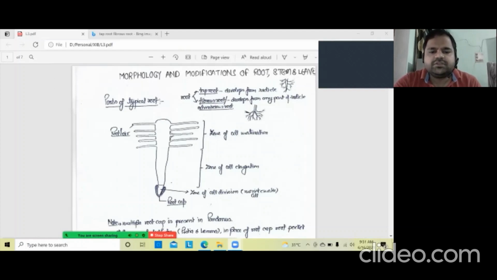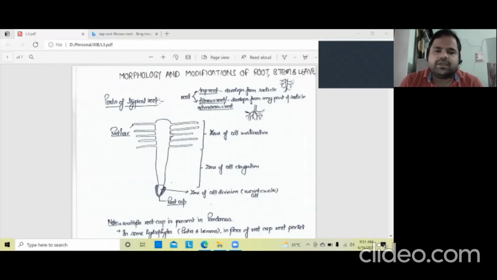This region is called the zone of cell elongation, and this zone is composed of meristematic cells. As I told you in my previous lecture, what is the function of meristematic tissue? The main function of the meristematic tissue is to provide an increase in the length of the plant.